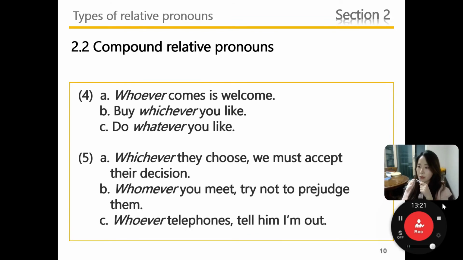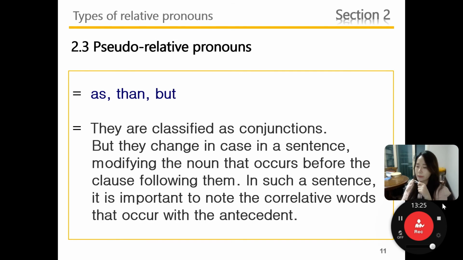Now let's turn to the pseudo-relative pronouns. Pseudo-relative pronouns serve a similar role as relative pronouns, but they do so in a sentence of a different structure than relative pronouns such as which, that, and what.